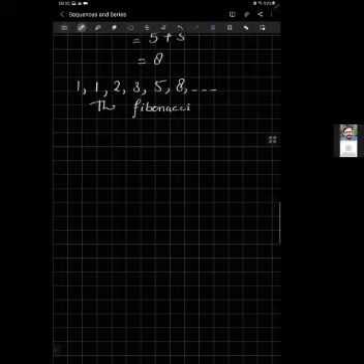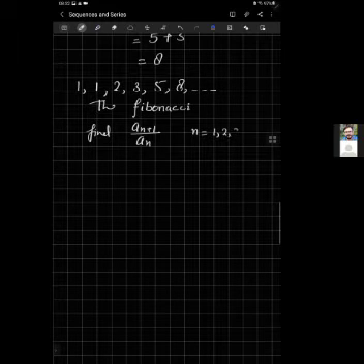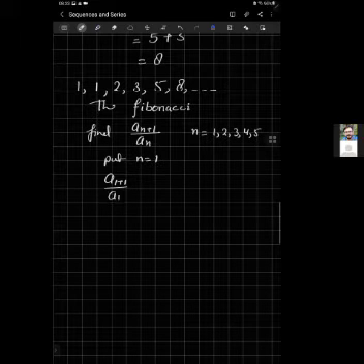Now see, further again, from the same question it is, find a(n plus 1) upon an. So n we need to put 1, 2, 3, 4, and 5. So put n equals to 1. It will become a(1 plus 1) upon a1, that implies a2 upon a1.